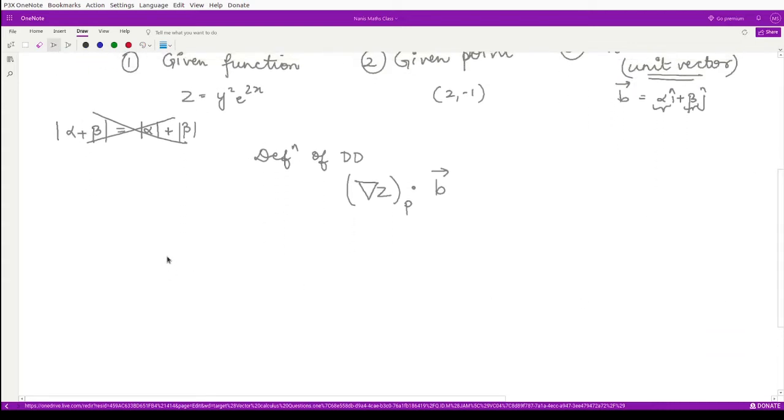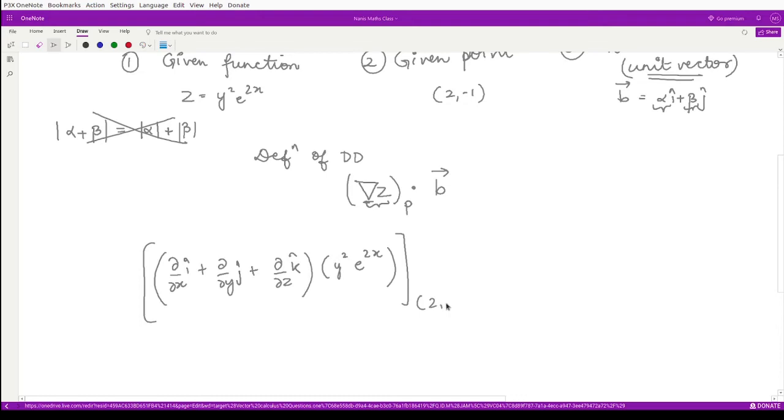Now first of all, let us calculate this. The definition of the del operator is del by del x i cap plus del by del y j cap plus del by del z k cap, applied to the function z, which is given to be y square e to the power 2x, and we are calculating this at the point (2, -1).